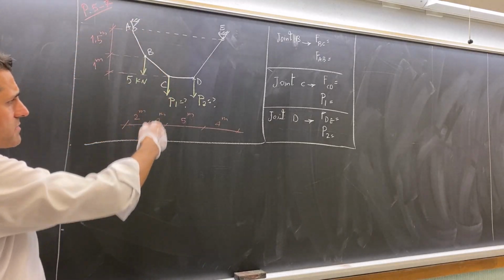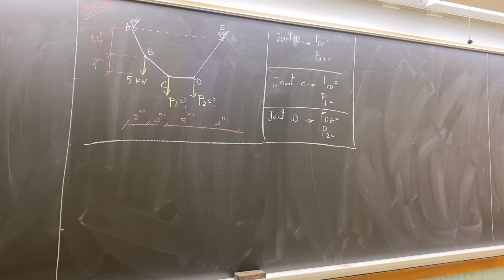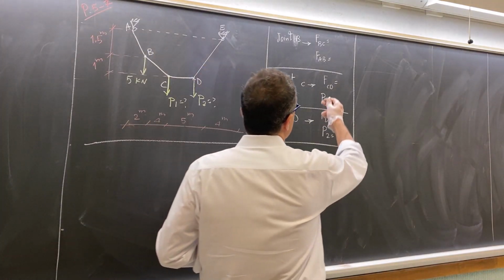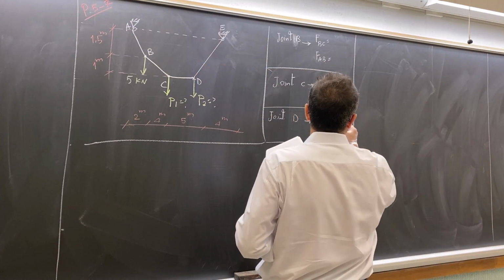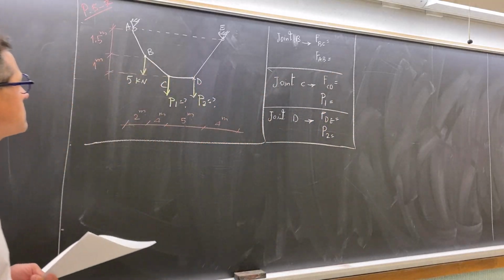The second part of the question is asking how much is the maximum force among these forces, for example, FAB, FCD, etc. So you need to find the maximum of these forces because FAB and FCD and FDE have different values.